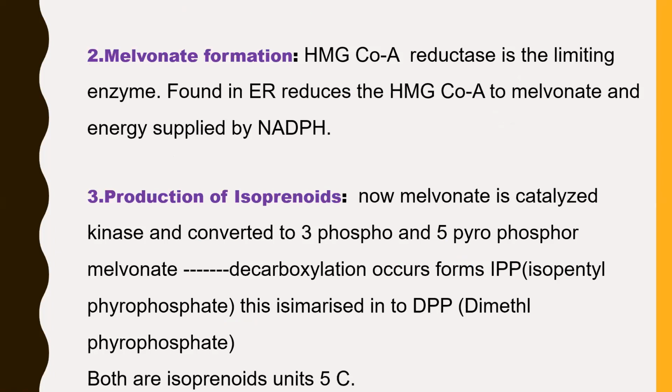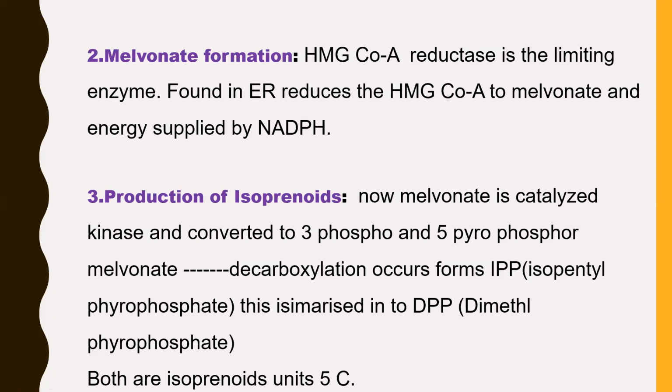Second stage is mevalonate formation. HMG coenzyme A reductase is the limiting enzyme. It is found in the endoplasmic reticulum, and it reduces the HMG coenzyme A to mevalonate, and energy is supplied for this process by NADPH. Third stage is production of isoprenoids.